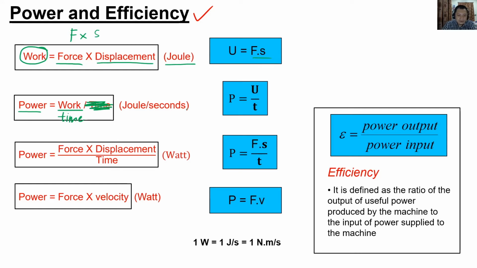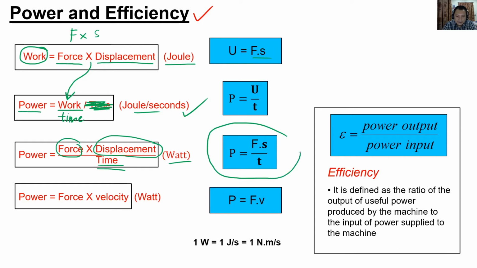So the unit will be joule per second. Power also you can get, if you replace this one into here, force times displacement over time. So other than the unit of joule per second, you can also use watt. So the formula for power becomes force times displacement over time, and the unit is watt.